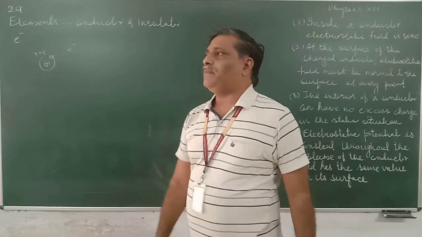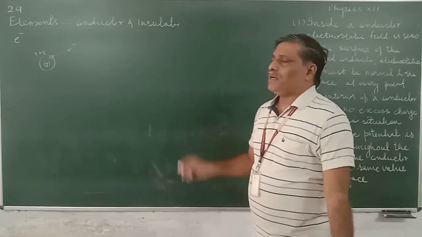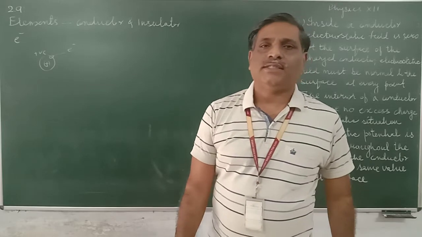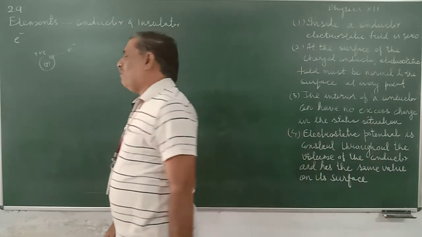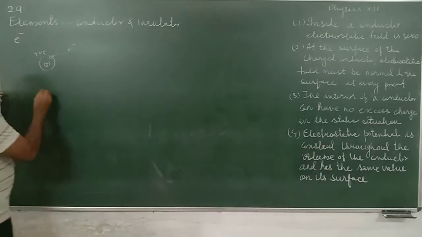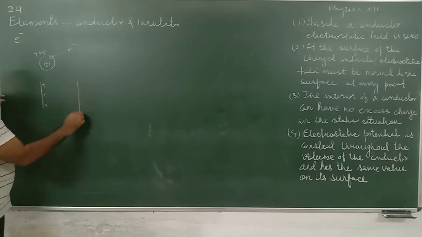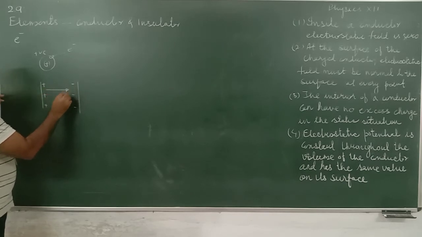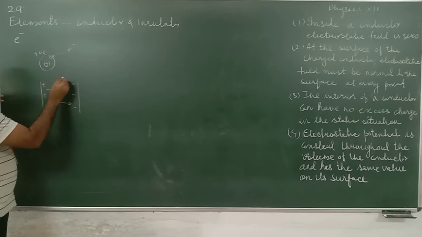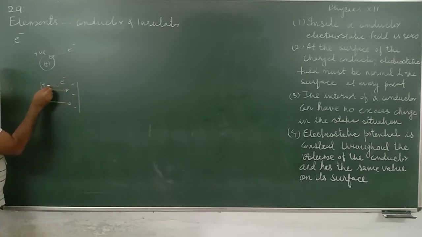Therefore, they follow random motion. These positively charged atoms, less an electron but along with the nucleus, remain at their fixed position. When electrons drift from one point to another, then current flows through the conductor. For example, an electric field is applied, this is plus and this is minus. The electric field direction is always from plus to minus, and an electron is a negatively charged particle, so it will always drift towards the positive plate.